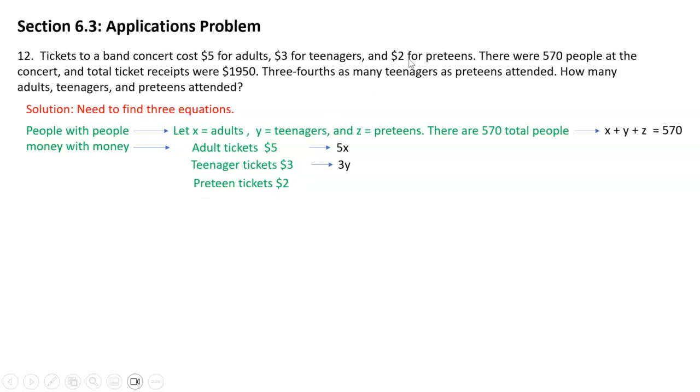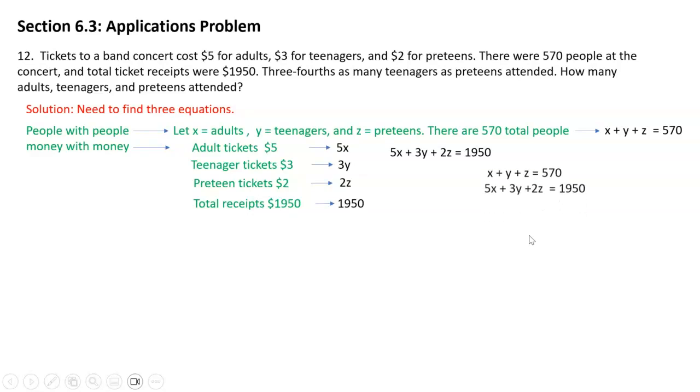And the preteen tickets are $2 and z represents preteens, so it's going to give us 2z. And the total income is $1,950. So we have our equation: 5x plus 3y plus 2z equals $1,950. So I found equations 1 and 2. We're missing number 3. Okay, now how do we find number 3?